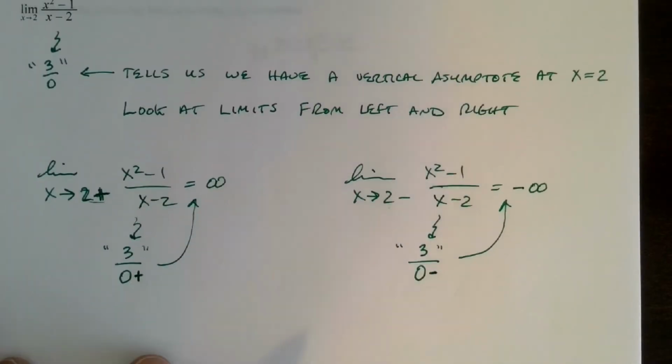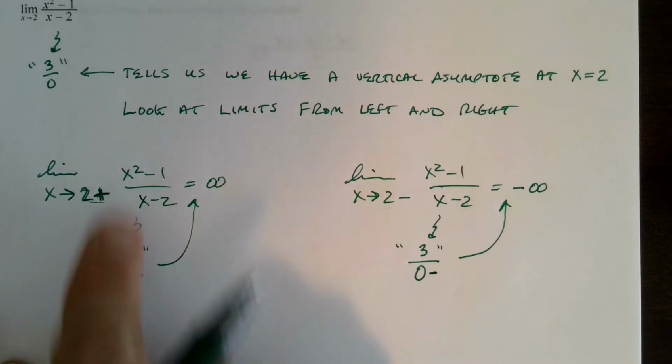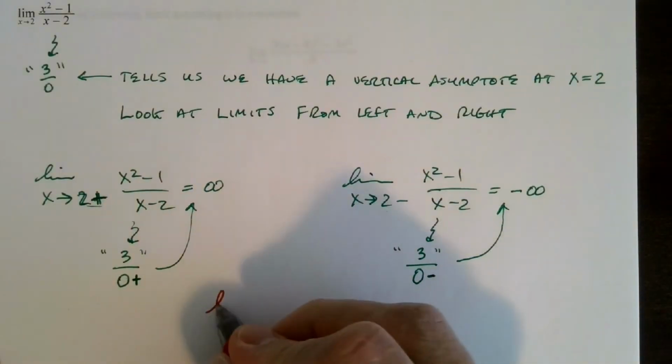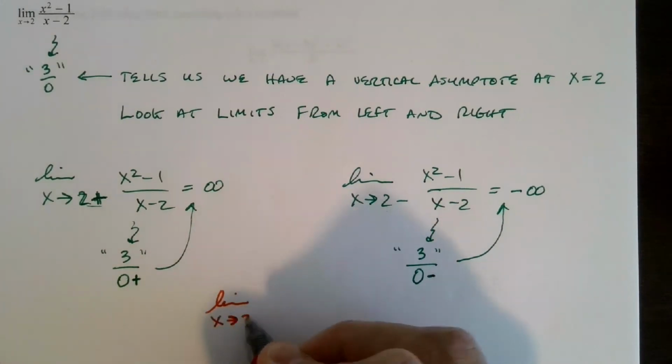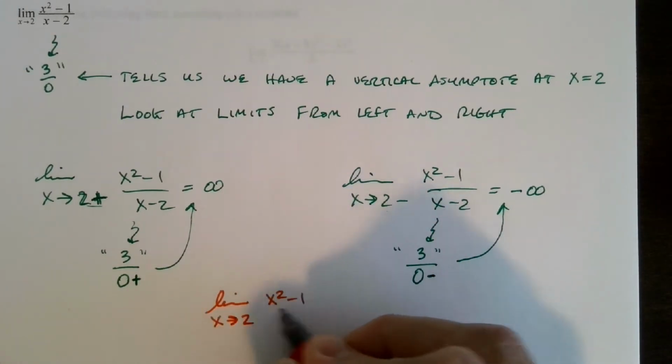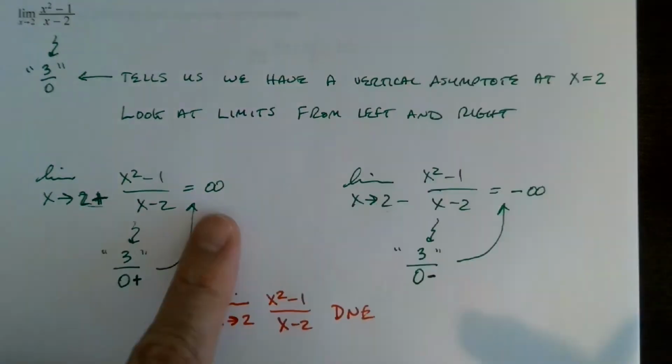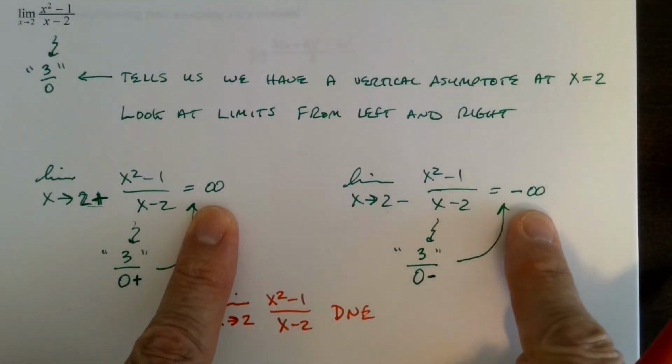Now, if I go back to the original question about what's this limit, I can now answer it, right? The limit as x approaches 2 of x squared minus 1 over x minus 2 does not exist. Why? Because from one side we're going to positive infinity, and from the other side we're going to negative infinity.